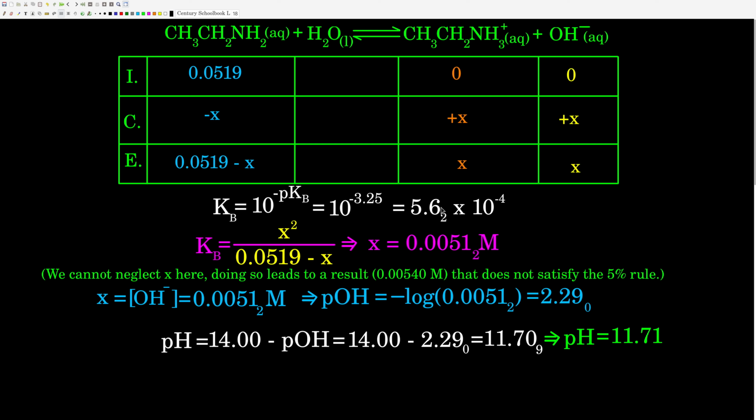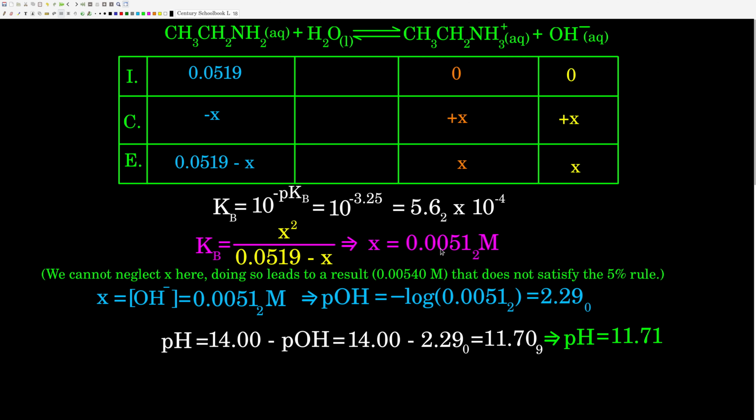I just multiply Kb times 0.0519, take the square root, and I got x is 0.00540 molar. Then when I divided by 0.0519 times 100, I say, uh-oh, that's like 10%. That definitely doesn't satisfy the 5% rule. It's all right, no big deal. Go back, I solved the full quadratic, and I got my x.